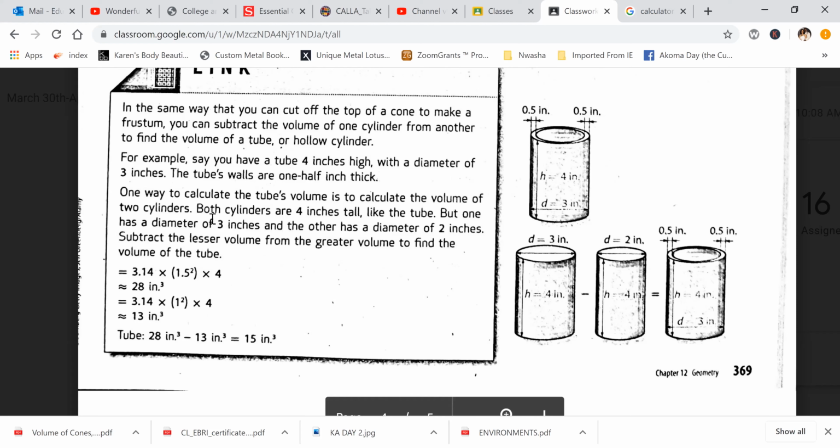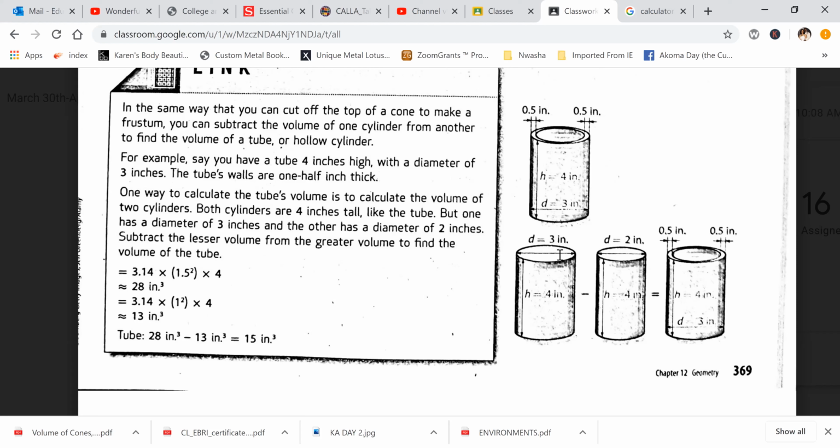So it's saying one has a diameter of 3 inches, the other has a diameter of 2 inches. Subtract the lesser volume from the greater volume to find the volume of the tube. So what you have is the outside measurement from edge to edge.